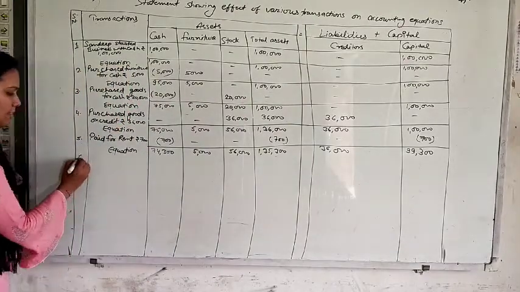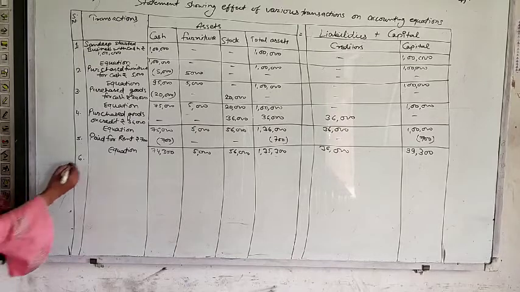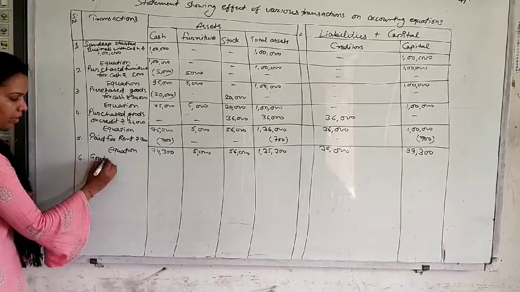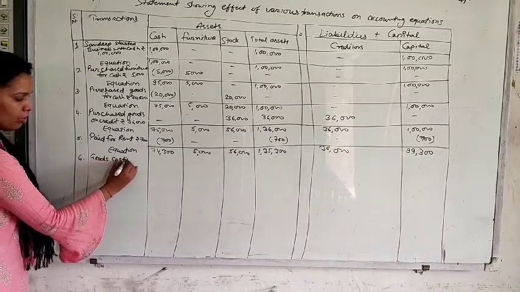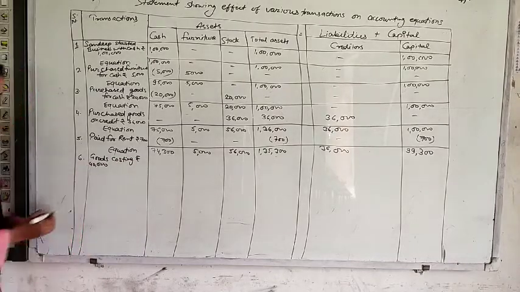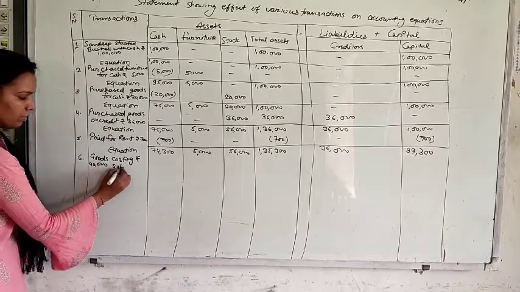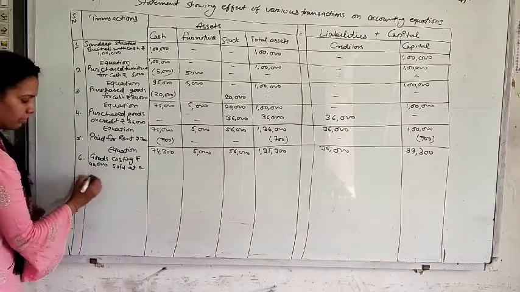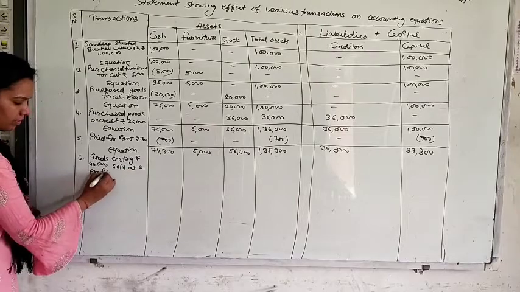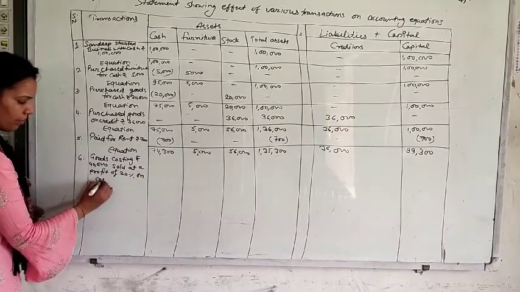Let's move on to the last transaction of this question. Goods costing rupees 40,000 sold at a profit of 20% on cash.